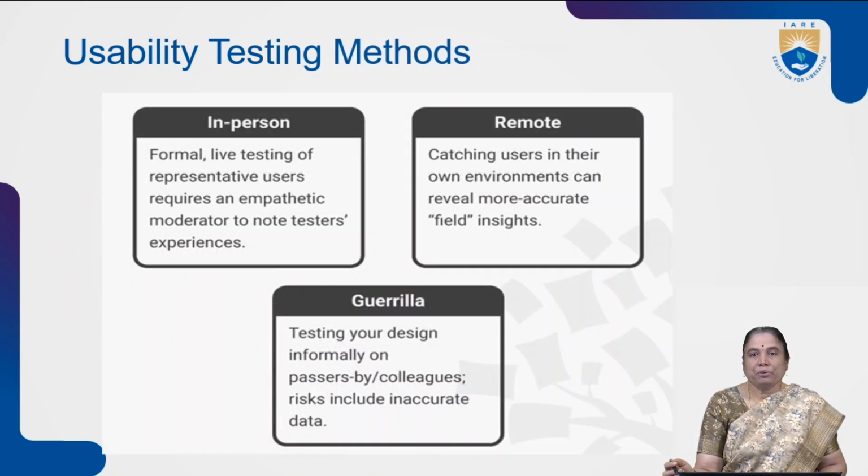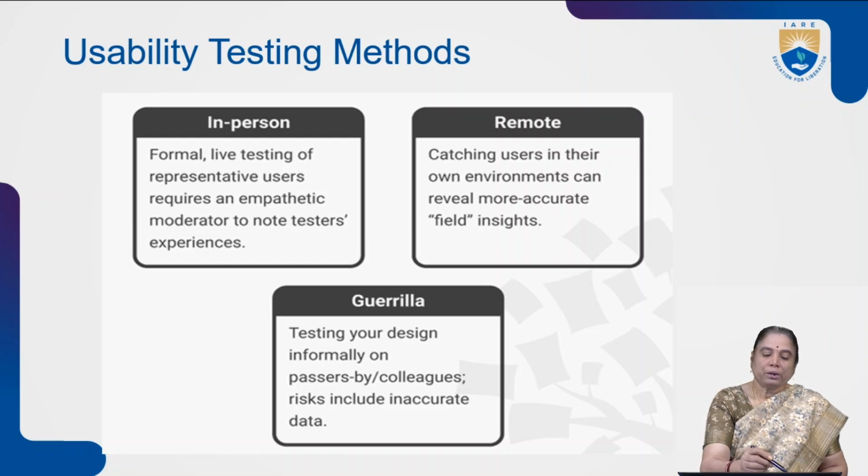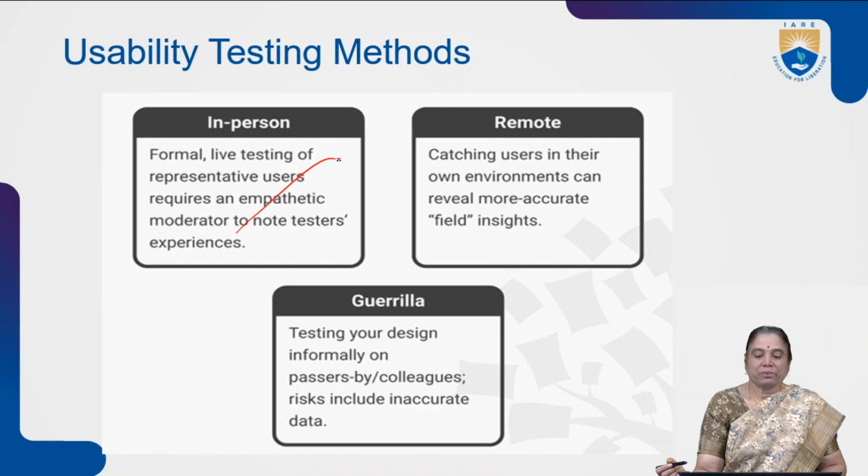General usability testing methods are in-person methods. In that, formally live testing of representative users requires an empathetic moderator to note the tester's experience. So tester experience plays a major role in the in-person requirements of usability testing.